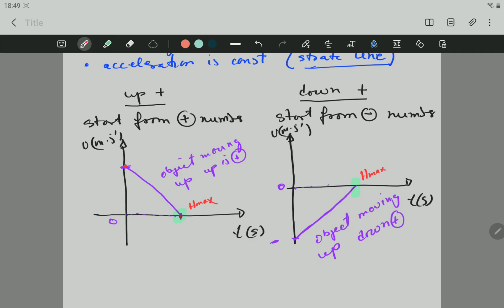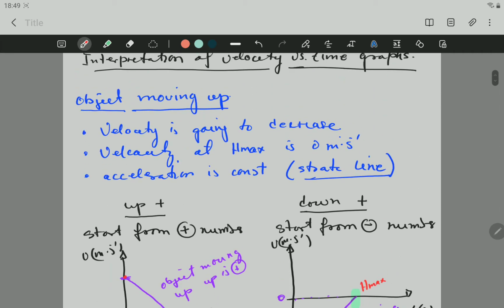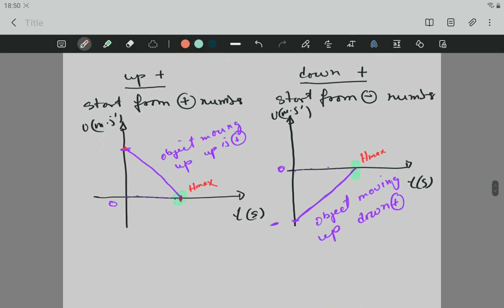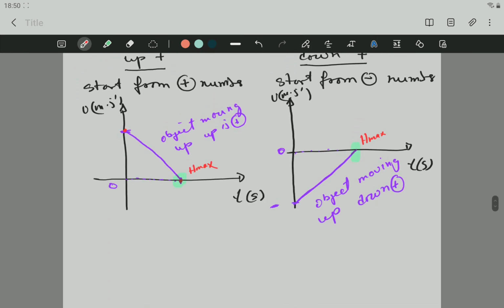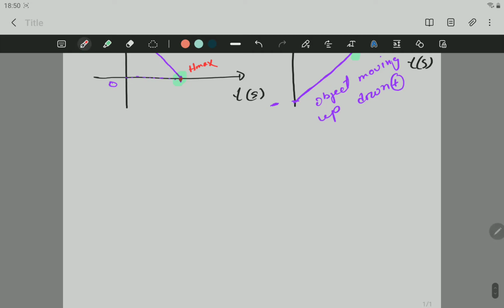Okay? So this is the first scenario. Object moving up, with up positive or down positive. Okay? So let's go to the second scenario when the object is moving down. So let's say now the projectile is moving down.